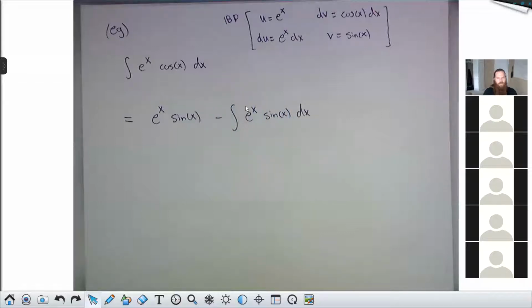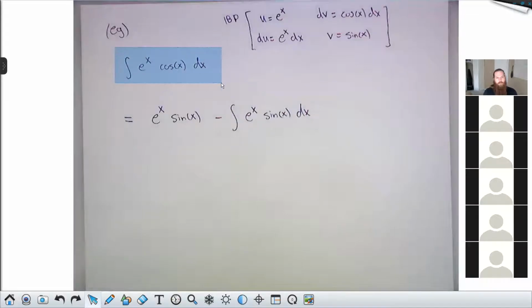I just wrote the e to the x out front because it looks prettier. It also helps to inform us as to what we should do next. This integral is very similar to this integral. The only difference is the cosine turned into a sine. So if the mechanism we use to attack this is IBP, then the mechanism we use to attack this should also be IBP.